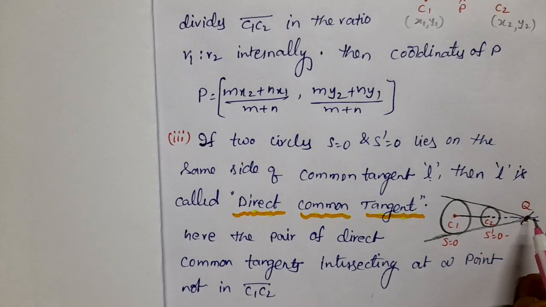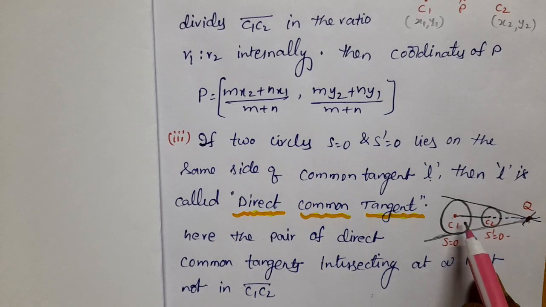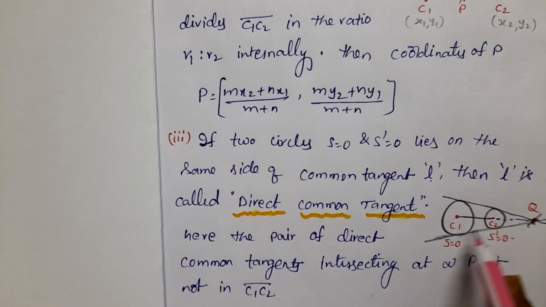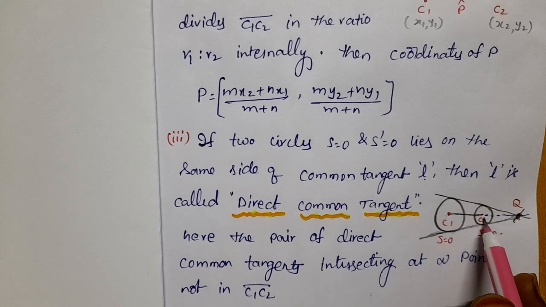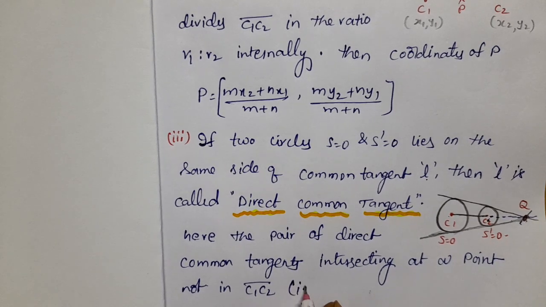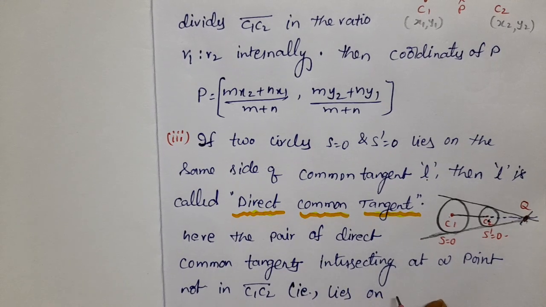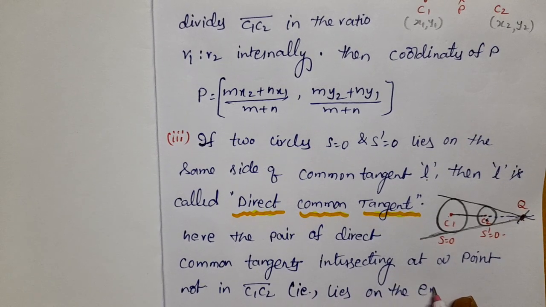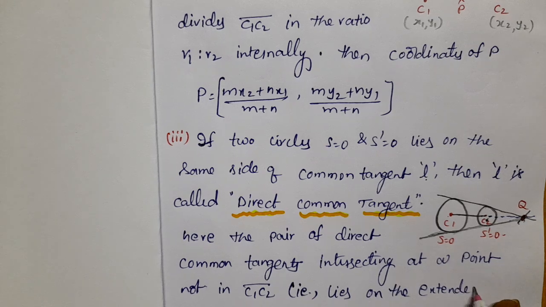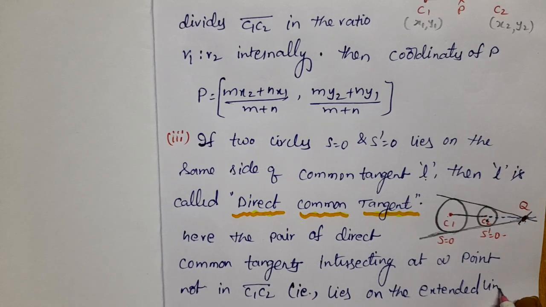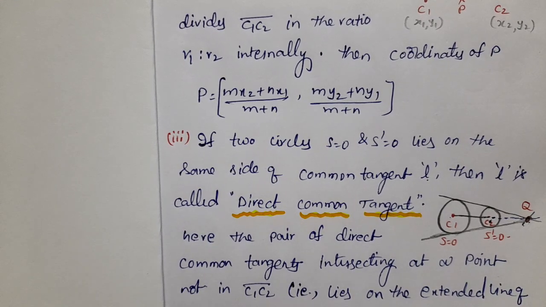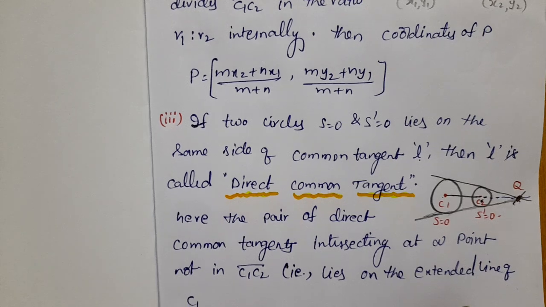So they intersect but the point does not lie in between the C1 C2 line, that is, it lies on the extended line of C1 C2 bar.